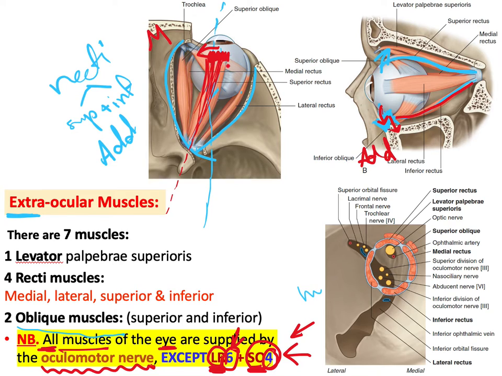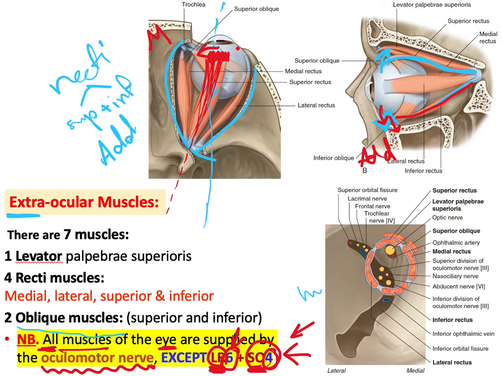Now, because also of the perpendicular axis, the axis of the muscle to the orbit, the superior rectus muscle medially rotates the eyes, right? So what does it mean?